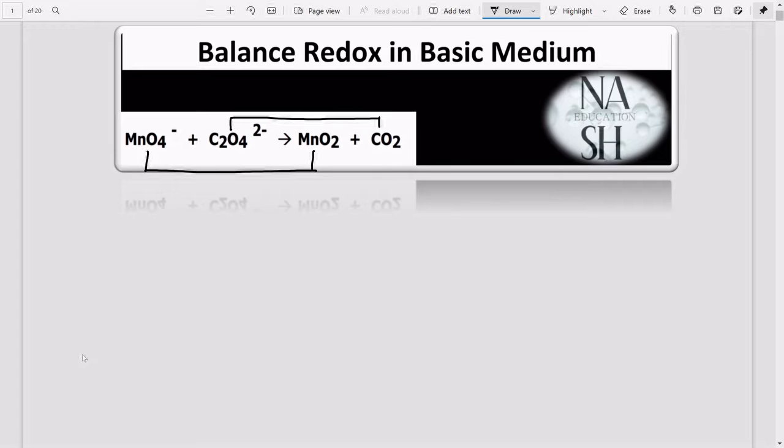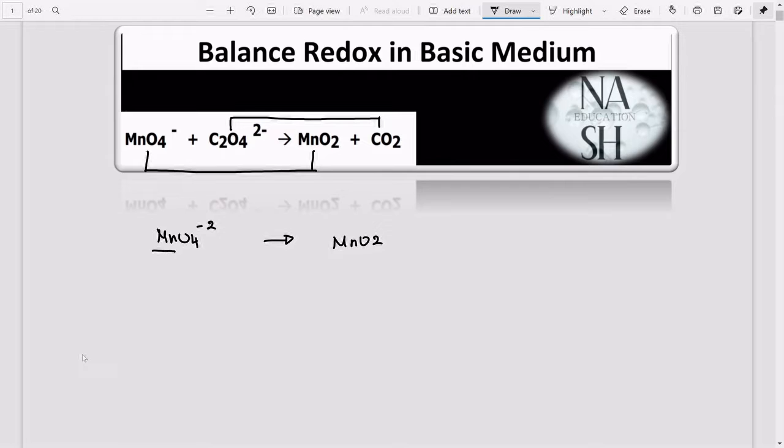I will start with balancing MnO4 minus 2 producing MnO2. And the first step is to balance any element available in your equation other than the oxygen or the hydrogen.